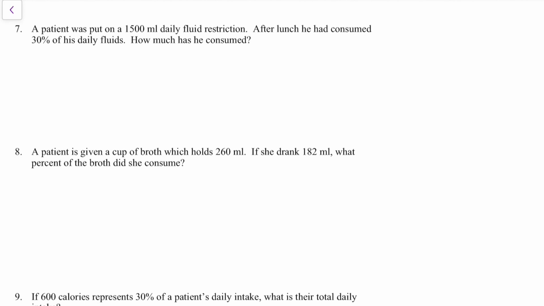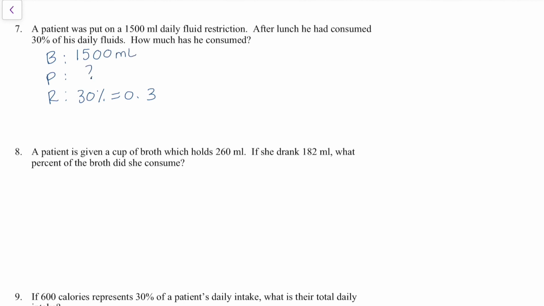Okay, a patient was put on 1,500 milliliters daily fluid restriction. After lunch, he had consumed 30% of his daily fluids. How much has he consumed? So again, if we're looking at base, portion, and rate, 30% is my rate. They get 1,500 milliliters a day, so that is going to be my base.